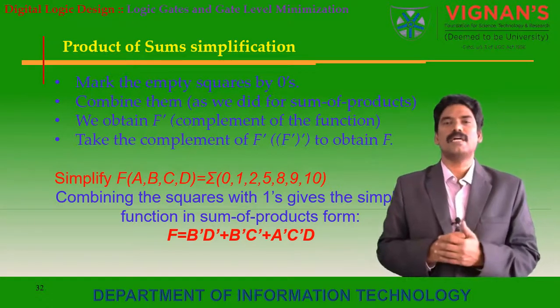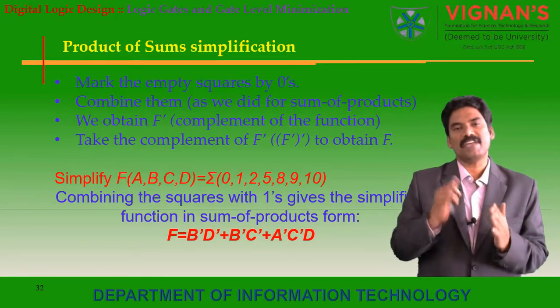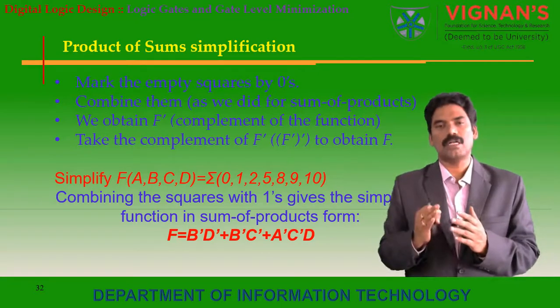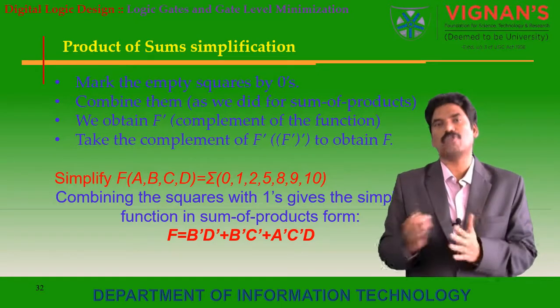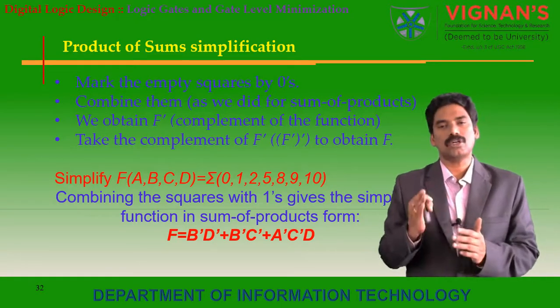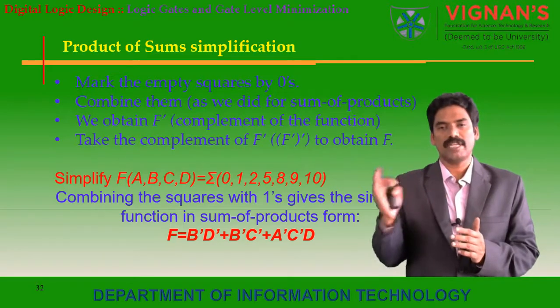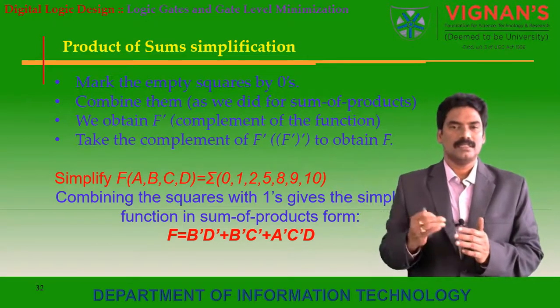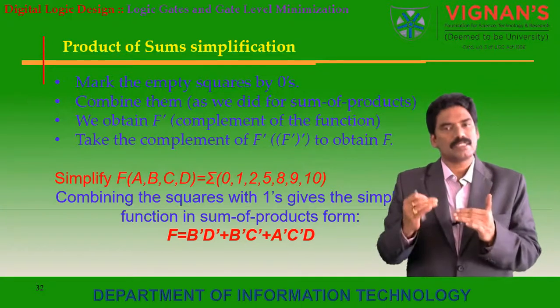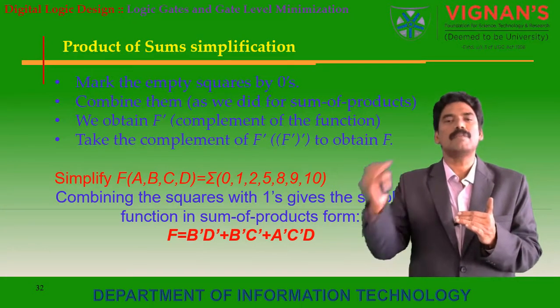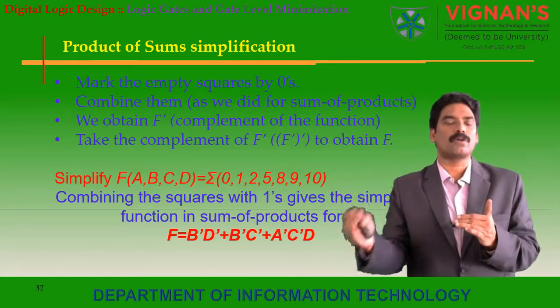Suppose this is the example. Simplify f of ABCD is equal to sigma, 4 variables, 0, 1, 2, 5, 8, 9 and 10. Combining the squares with ones gives the simplified function in sum of products form.